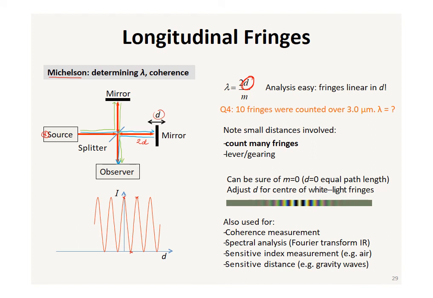So we can work out the wavelength quite easily by shifting the mirror at distance d, and let's call this delta m to make it clearer, counting the number of fringes, and that will give us the wavelength quite quickly.